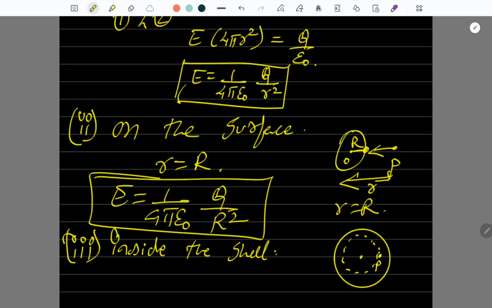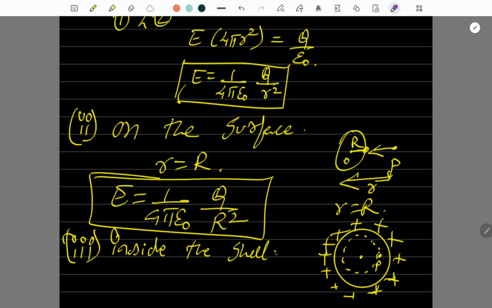Now for the Gaussian surface, we know from Gauss law that the total electric flux over a closed surface is equal to 1 by epsilon naught times the net charge enclosed by the surface. Enclosed by the surface means in that surface there has to be charges, but we know that the shell has charges outside. Right from the starting we are writing the charges on the shell. So if the Gaussian surface is inside, nothing is being enclosed by that surface.